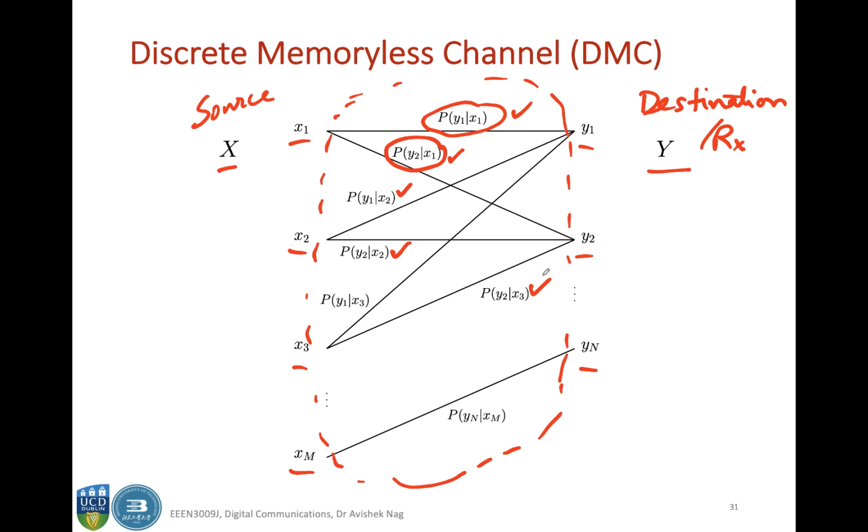So earlier we tried to find out the probability of error at the receiver from this channel transition probabilities. So now we will use these very probabilities, these transition probabilities, to find out the information that is emitted by the source, and the information that is received, and whatever is the information that is lost because of the channel noises.